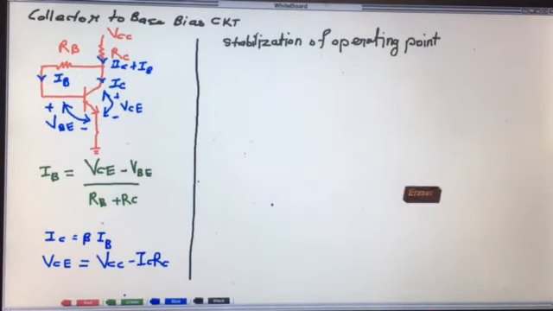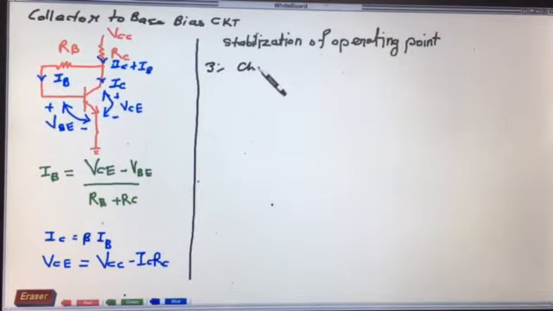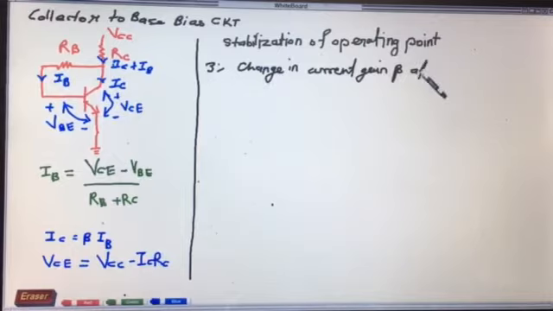Our third point is change in current gain beta after replacing the transistor.